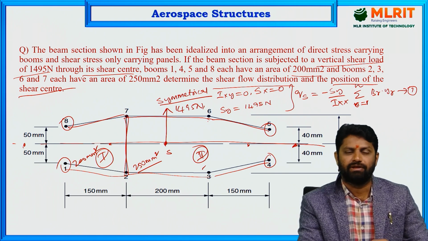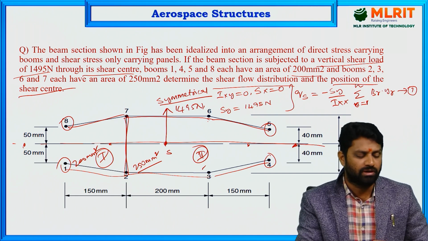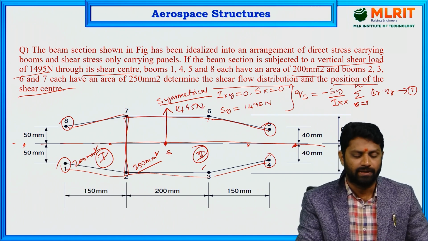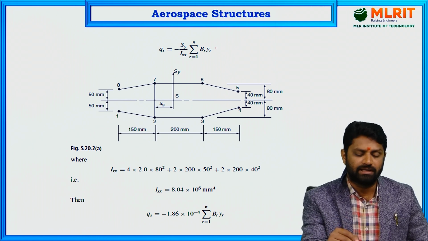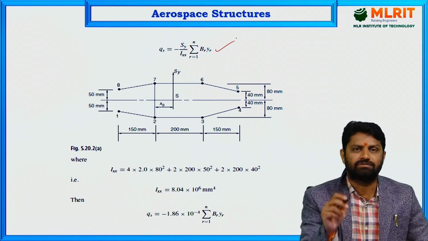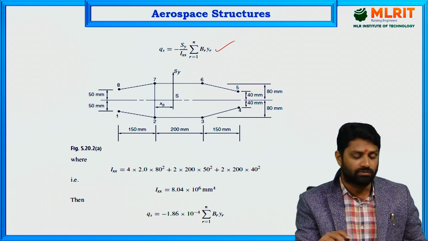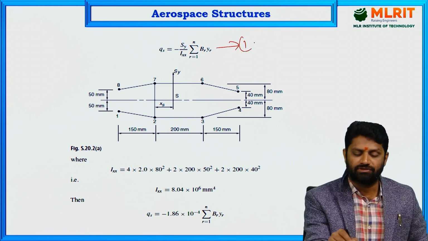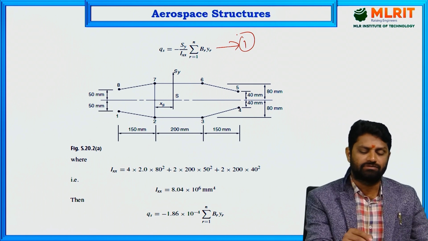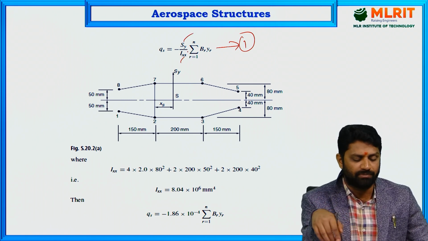So by assuming like this, let's proceed with the problem. The very first thing is to calculate the shear flow distribution, and then go for finding the shear center. Here you can see the formula given: Qs equals minus Sy by Ixx summation r equals 1 to n of Br Yr. You can assume this as equation number 1, in which Sy is known and Ixx you need to calculate.